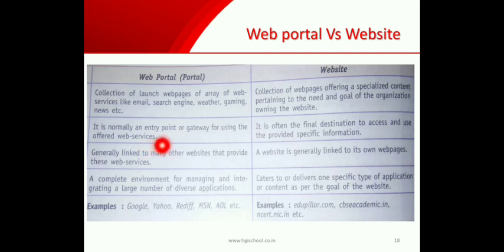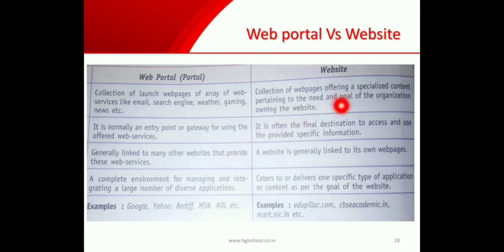From here you can access different types of web services, generally linked to many other websites that provide these web services. It is a complete environment for managing and integrating a large number of diverse applications. Examples are Google, yahoo.com, rediff.com, then MSN, AOL, Bing, etc.